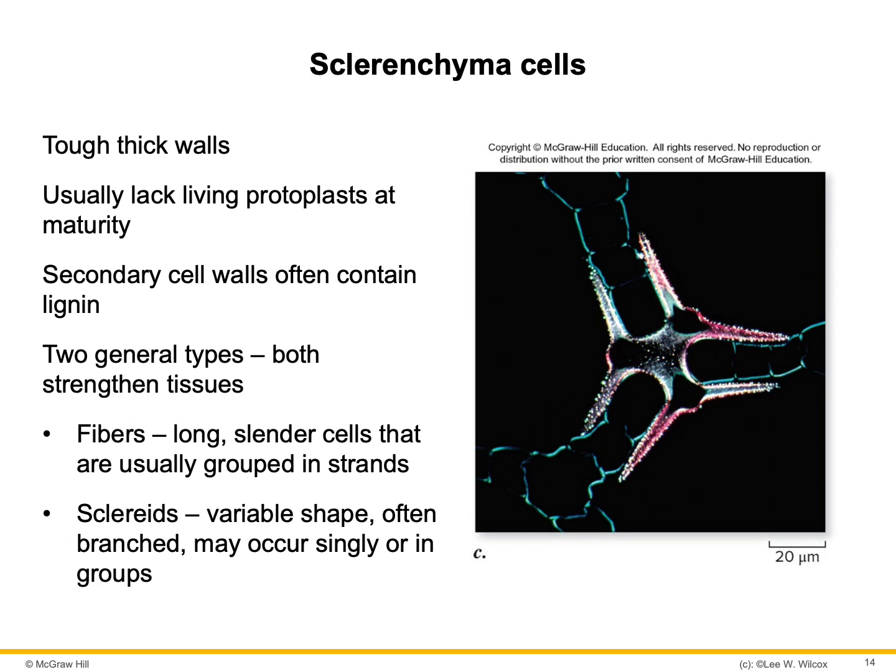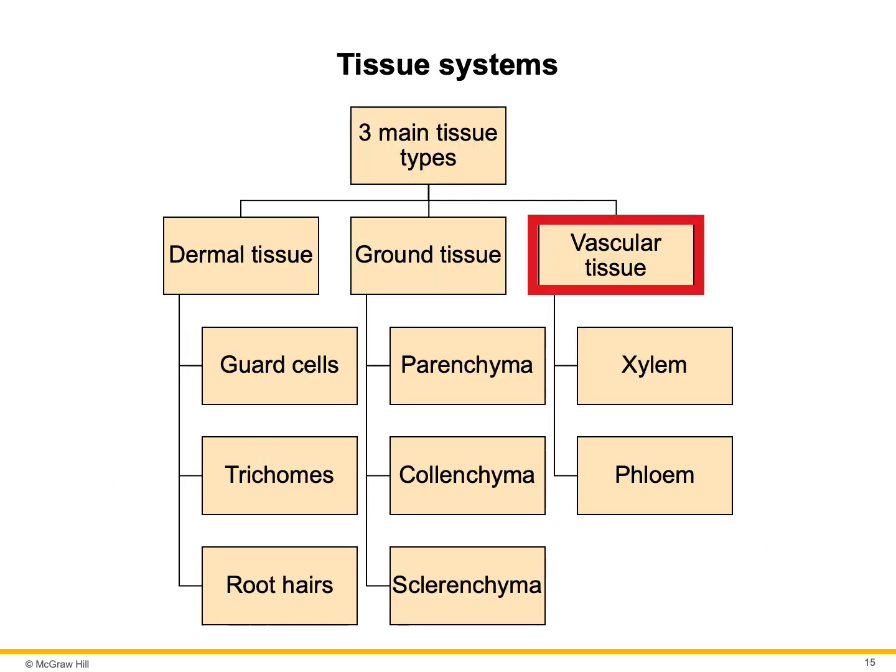Fibers are long, slender cells that are usually grouped together in strands. On the other hand, sclereids are often branched and very thin, and vary in their shape greatly. If you ever ate a pear, the gritty texture of a pear is because of the clustered groups of sclereids, which is pretty interesting.